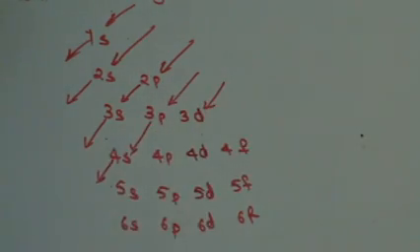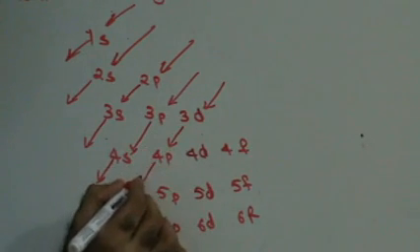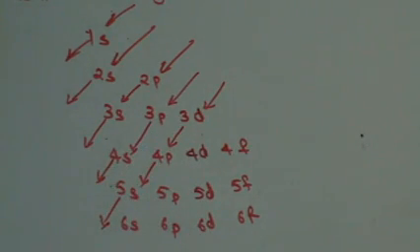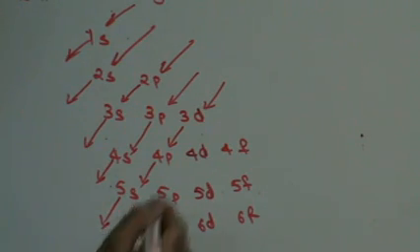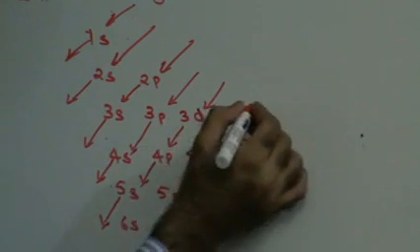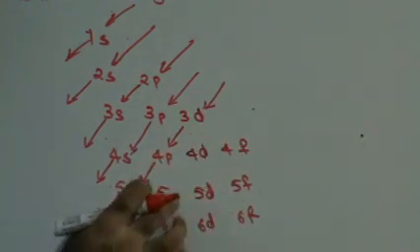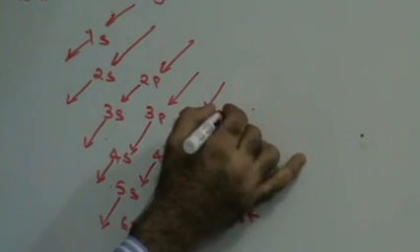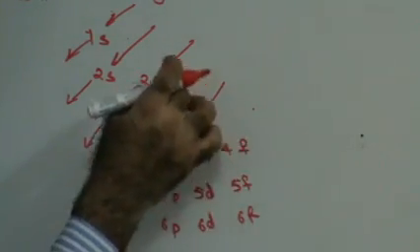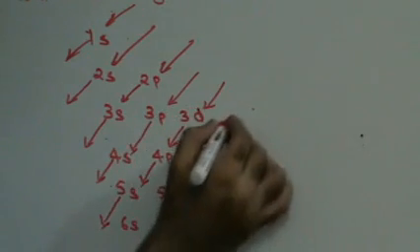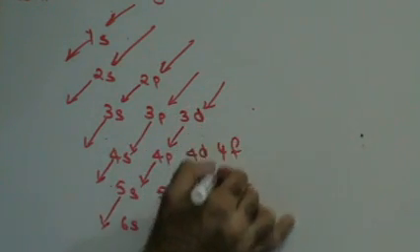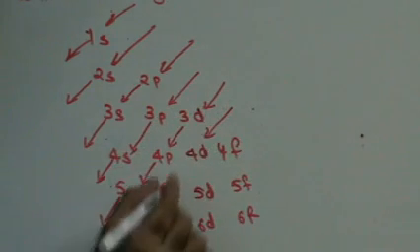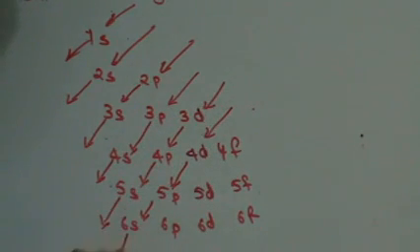Then you will have 3d that will get filled, 4p, 5s, right? That is the order in which orbitals will get filled. Then you will have 4d, 5p, 6s and so on.